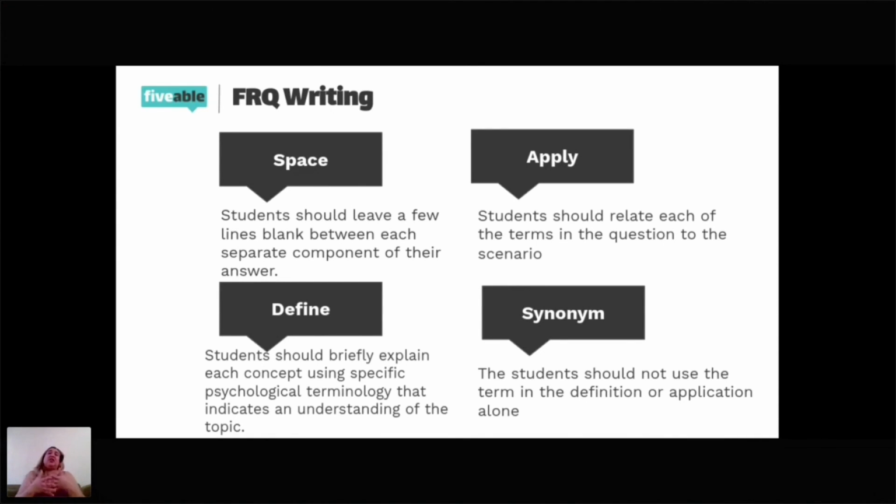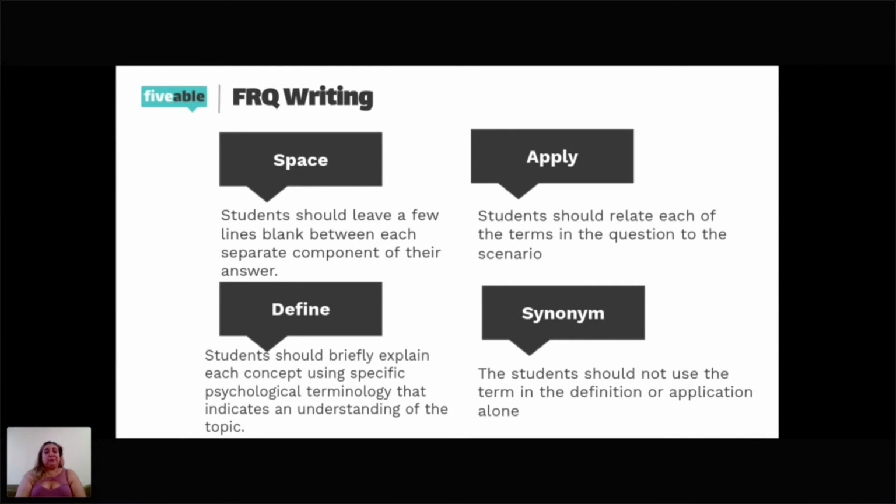Because with the FRQs, you're either going to know the terms or you're not. And if you stop to look up the definition so you can apply it, it's taking time away from your writing. Who here writes fast and who writes slow? Because that's going to matter because you have a timer going, which is why I suggest doing practice FRQs. Use the demos and practice. Make sense or no?